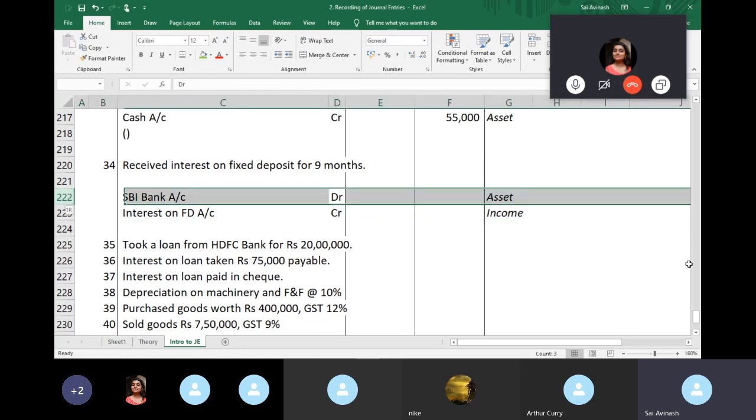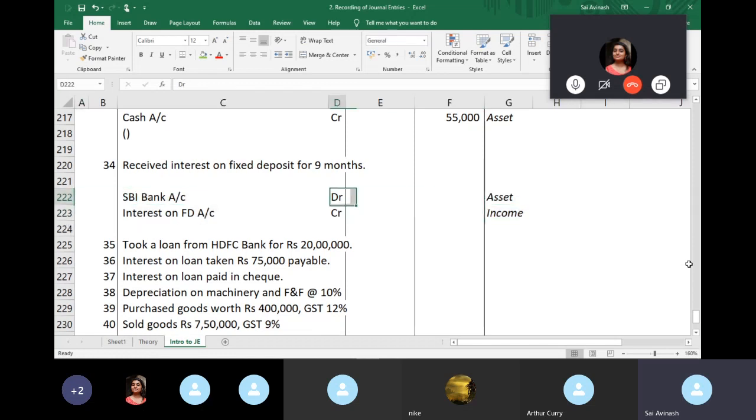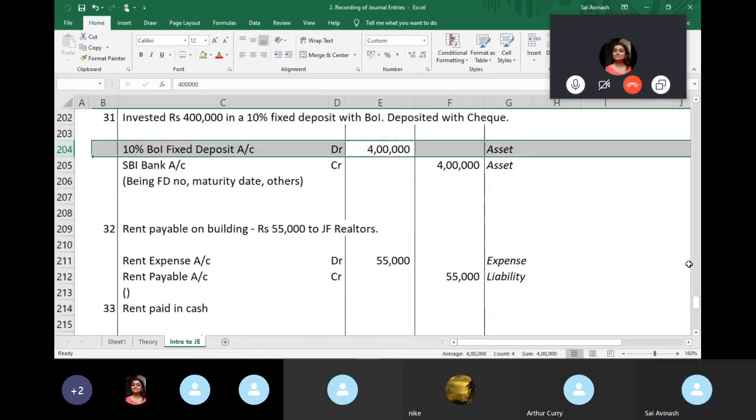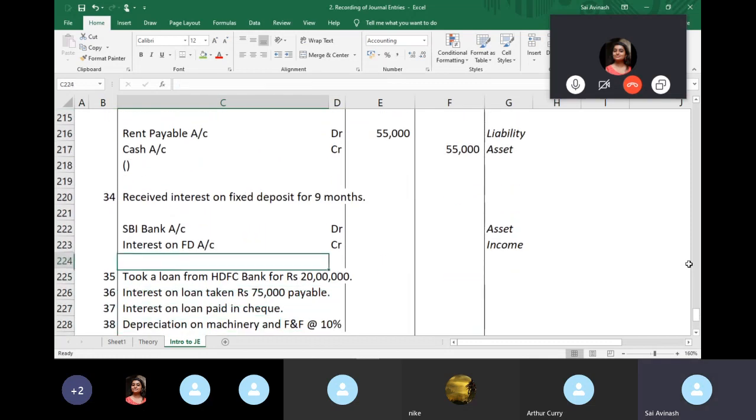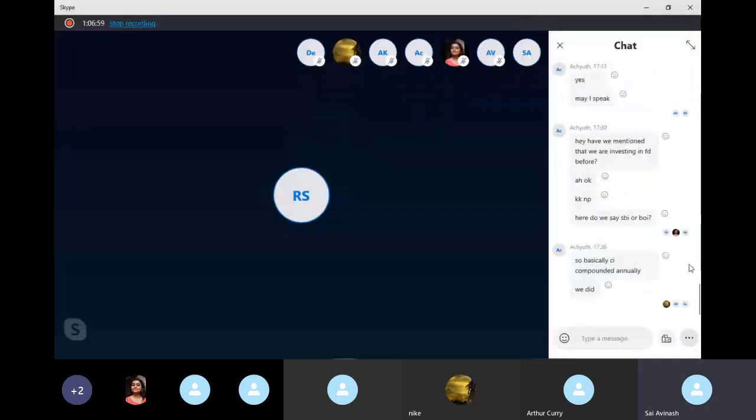So now I know what the transaction is, but what is the value? Okay. I have information, so let's try it out. It's 4 lakhs. So it's a 10% interest rate for 9 months. Can you guys give me the answer? You can type it out.